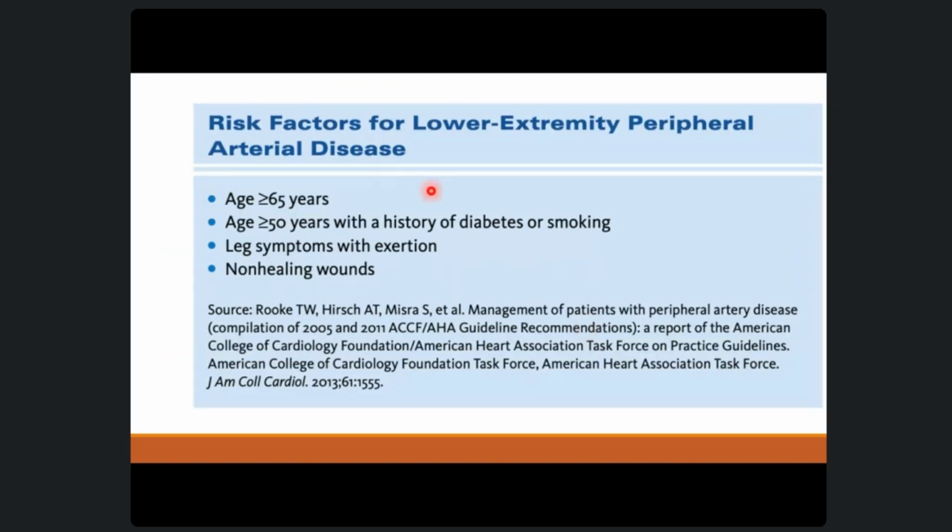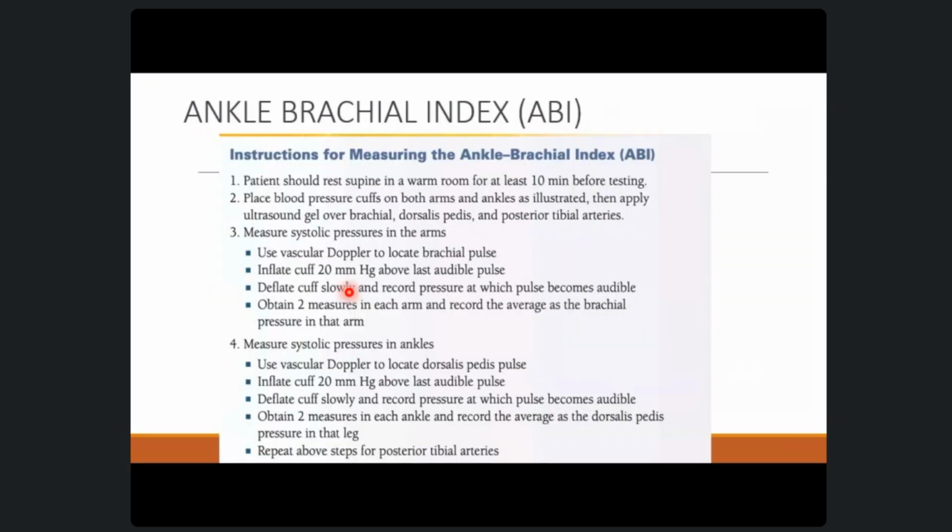So aside from those mentioned earlier, being 50 years old, male, these are the age groups that you should be more cautious about for developing lower extremity peripheral artery disease: age of more than 65, or 50 years old but with a history of smoking and diabetes, leg symptoms or pain upon exertion, and non-healing wounds.